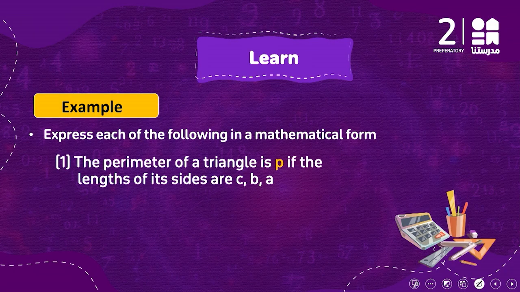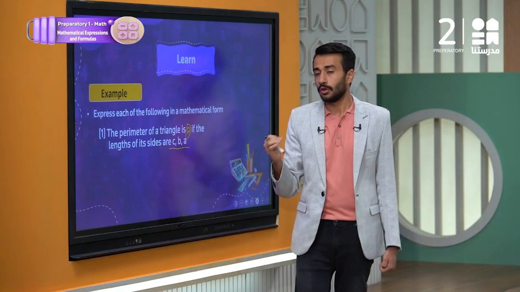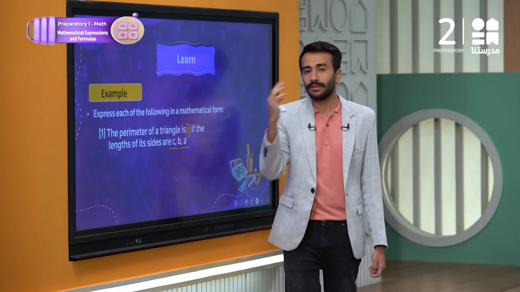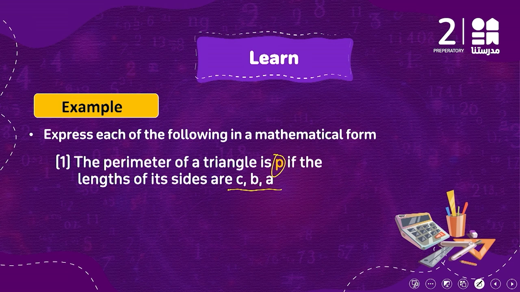How to find the perimeter, which is labeled as P, for side lengths of a triangle C, B, and A? Do you remember the rule of perimeter? Just adding the sides. So the perimeter here, for sure, will be A plus B plus C, or any order, B plus A plus C. But it's preferred to write it in this order, A plus B plus C, and this is the perimeter.